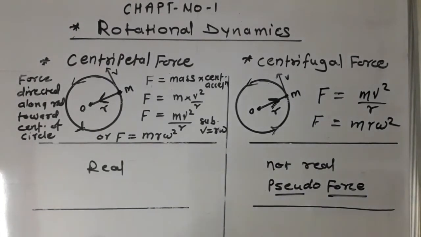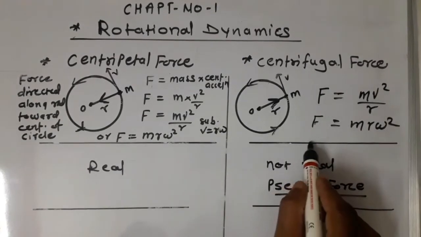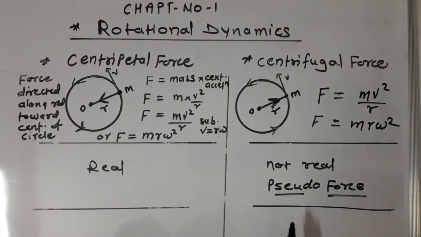Because sometimes a frame of reference with an acceleration relative to the fixed frame is called a non-inertial or accelerated frame of reference. Newton's laws of motion are not applicable there. To make Newton's laws applicable in such an accelerated frame, it is necessary to assume the existence of one or more fictitious forces acting on the object.